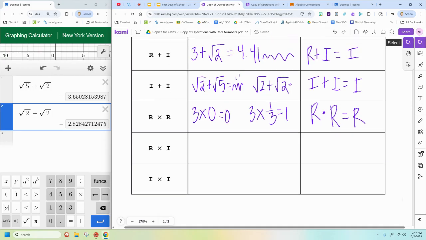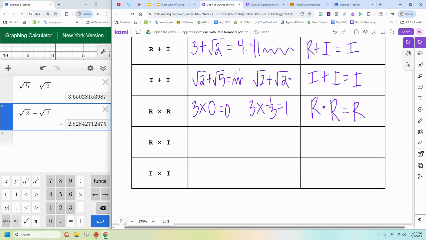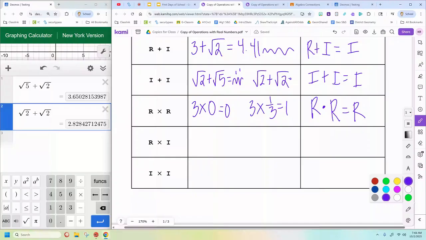So now let's play around with this stuff. If we do a rational times an irrational, let's try doing 3 times radical 2. But I also want to do 0 times radical 2.